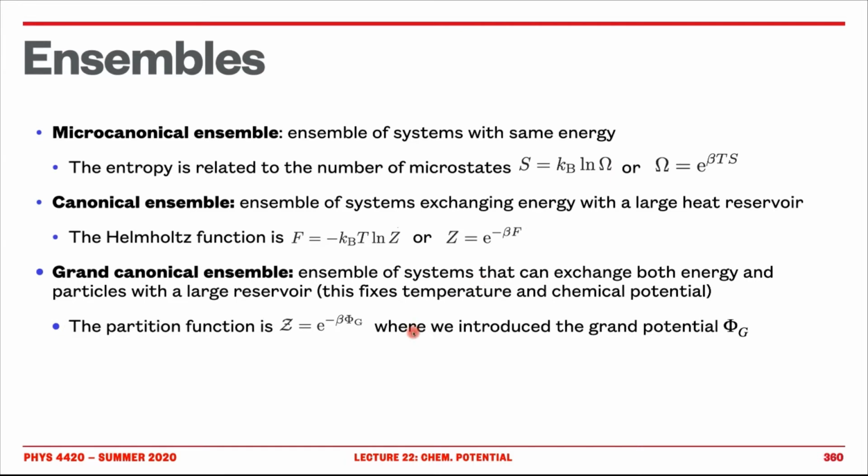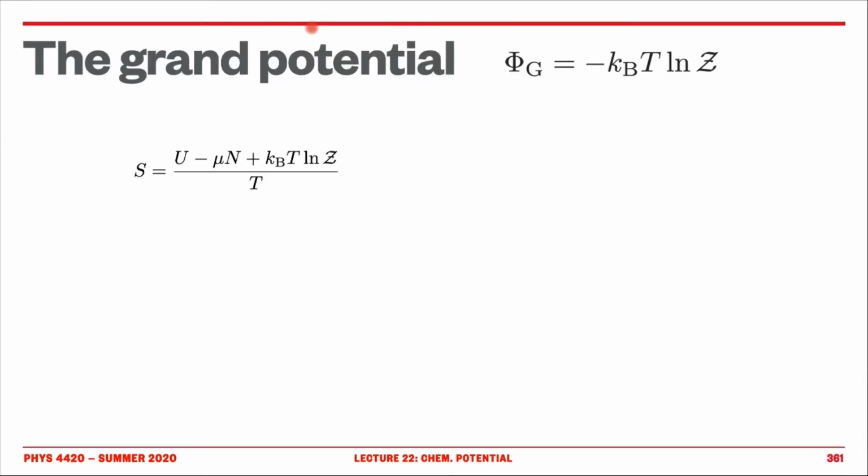In fact, that function is related to the grand partition function, Z equal to this term here, just the same way as we had this term here, this omega and Z. This grand partition function is going to be related to what's called a grand potential. I've not spoken about the grand potential yet, because this is what I'm going to talk about in the next few slides. So let's try to understand a bit the grand potential.